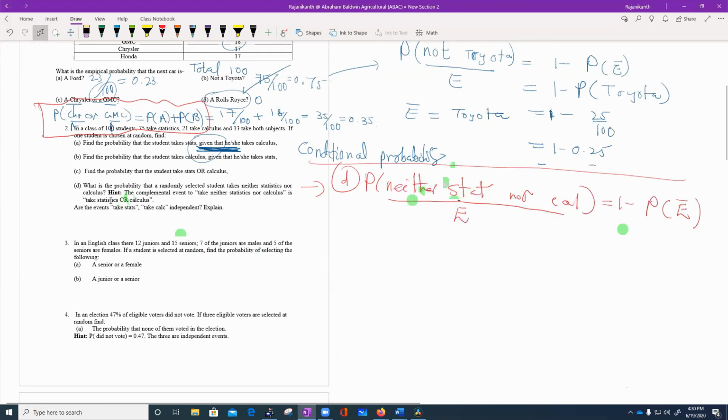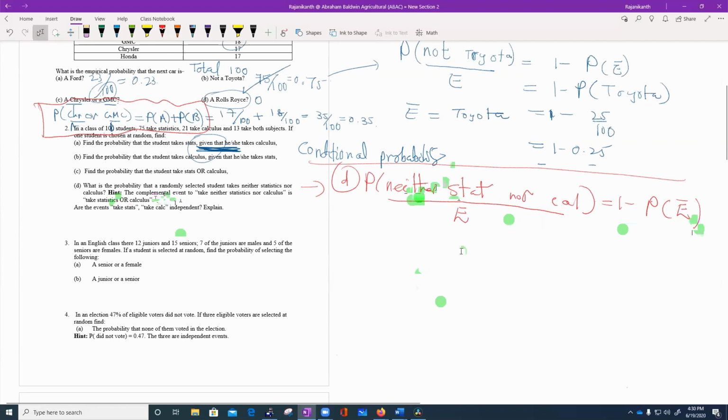You have a hint here. The complement event of neither is going to be what? Or. That means if your E is neither, your E bar is going to be or.